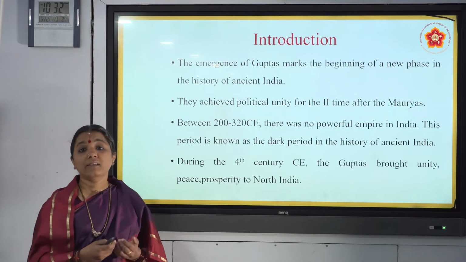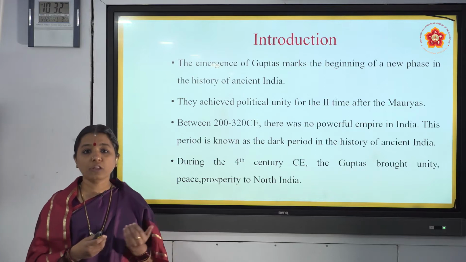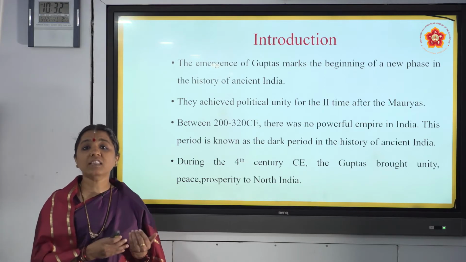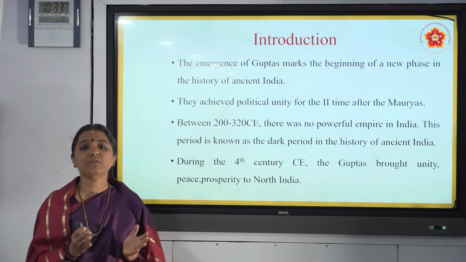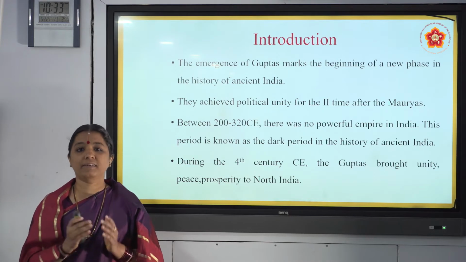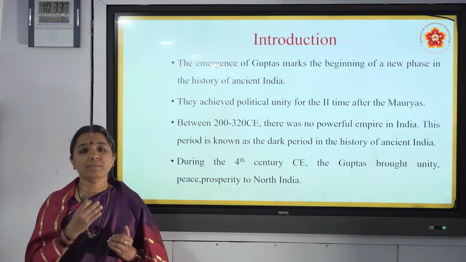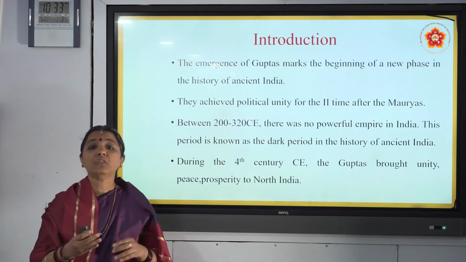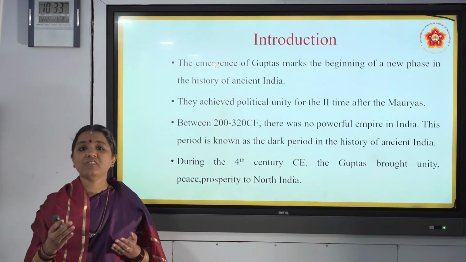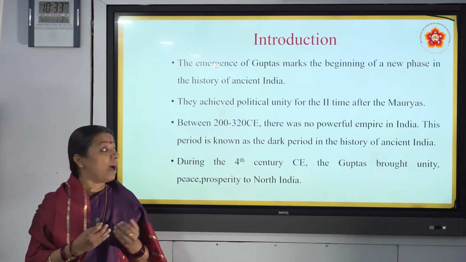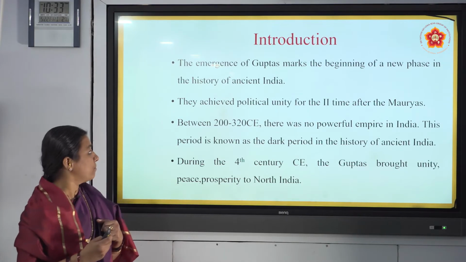It was true that the Kushanas in the north and northwestern India and the Shatavahanas in the south Deccan gave some kind of unity for a brief period. After them, India was divided into a number of independent states, and they engaged in mutual struggle until 300 CE.